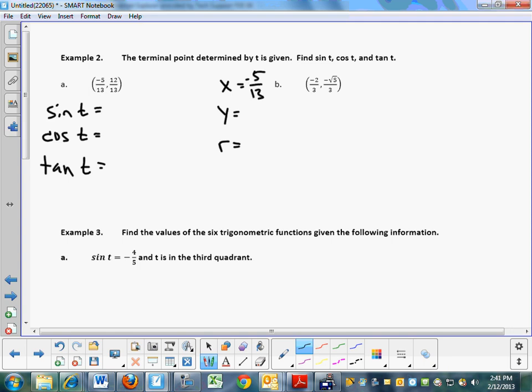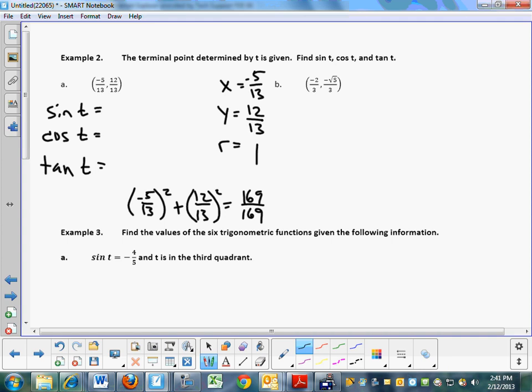Negative 5 over 13. What's my y value? 12 over 13. What's your r value? Are you sure? Yeah, if you put this into the formula, you would get 169 over 169, which is 1. So the radius is 1. You could verify that. There will be a time where the radius will not be 1, where we'll work outside the unit circle. But right now, the radius is 1.